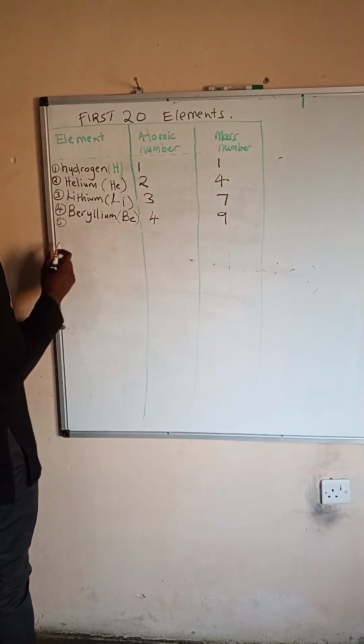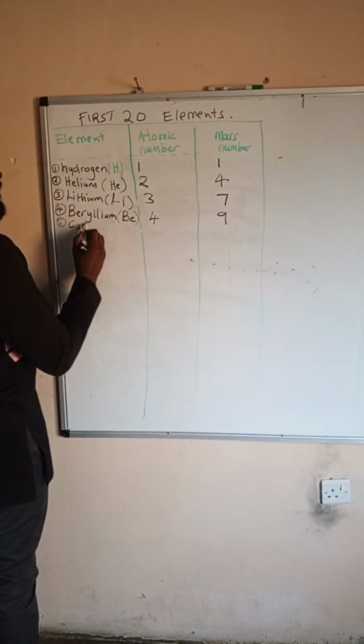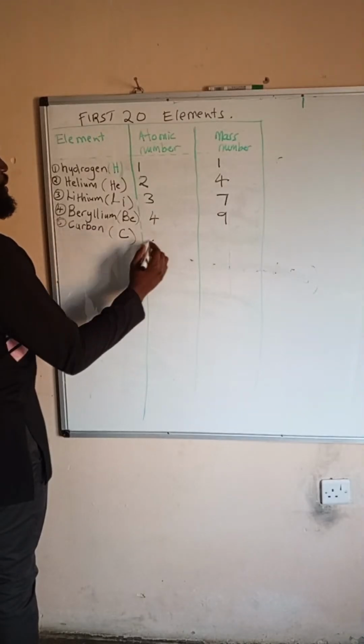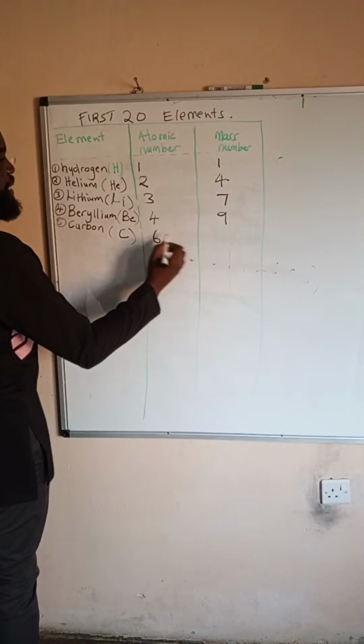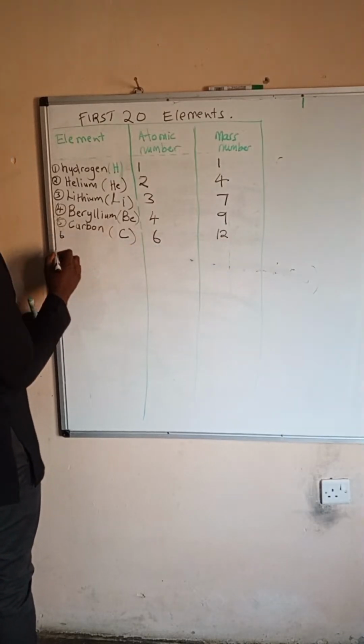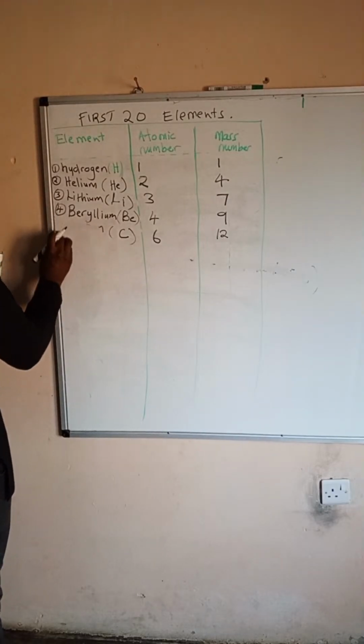5. We have what is called carbon. Carbon symbol C in chemistry. Atomic number 6, mass number 12. After carbon, no. Actually, this is boron, not carbon.